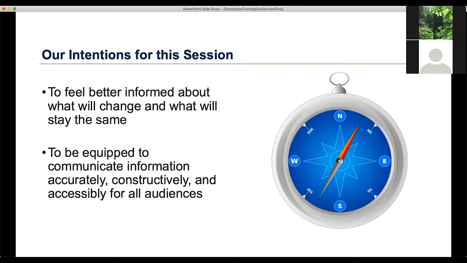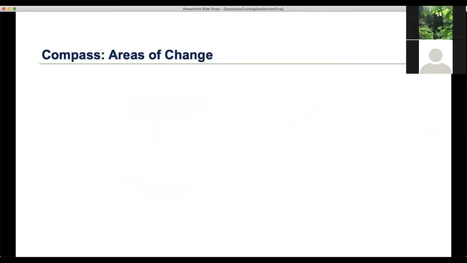And then we're hoping that people will be better equipped to communicate this information accurately, constructively, and accessibly for all audiences. With that being said, I am going to hand it over to Rose, and she is going to discuss the areas of change with Compass.